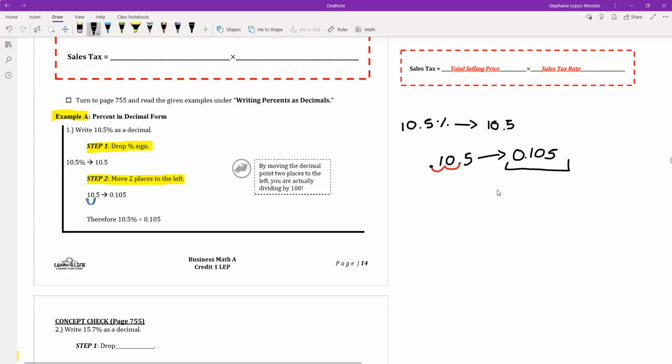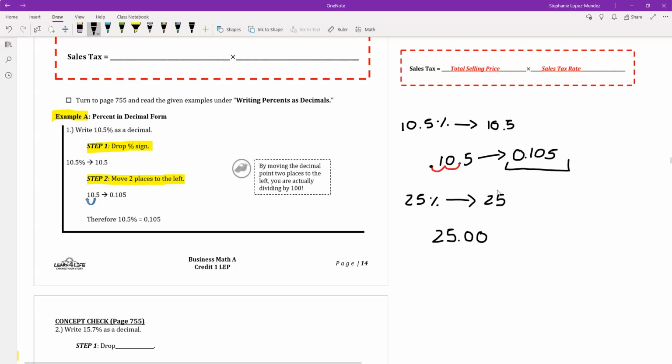We can make another example. We can have 25%. Our first step is always taking that percent sign. So now we have 25, which is also the same as having 25.00 since it's a whole number.